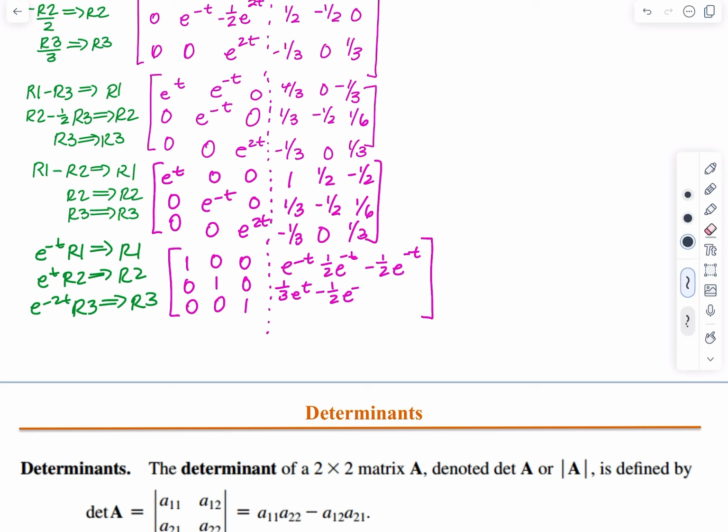A little hard to see there. And then we have 1/6 e to the t. And our last row, negative 1/3 e to the negative 2t, 0, and 1/3 e to the negative 2t.